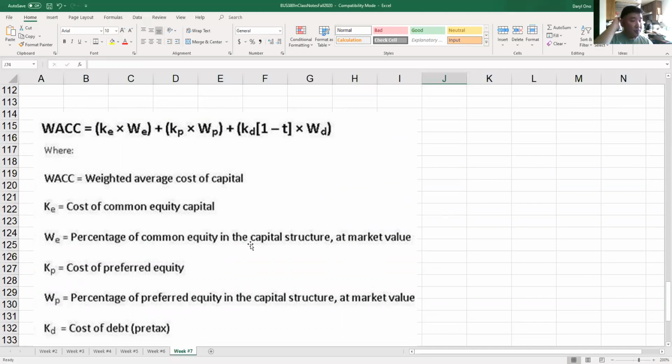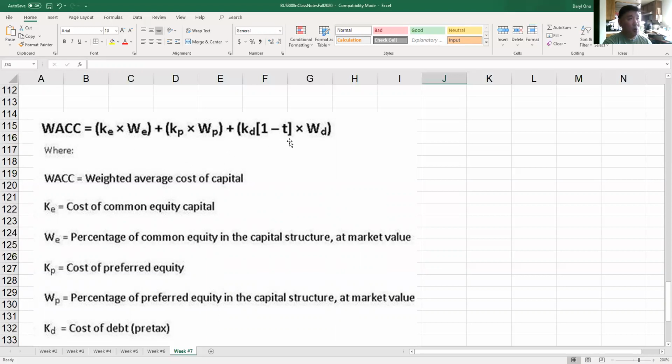Also, you see here, for the cost of debt, we have to adjust for the taxes, 1 minus T. You only do the 1 minus T for debt. You don't do 1 minus T for preferred stock. You don't do 1 minus T for common stock or common equity.